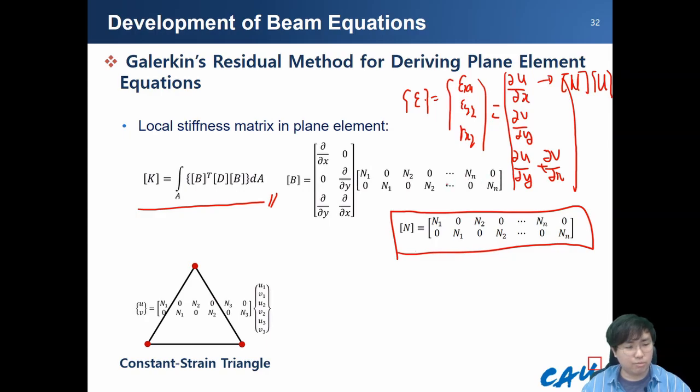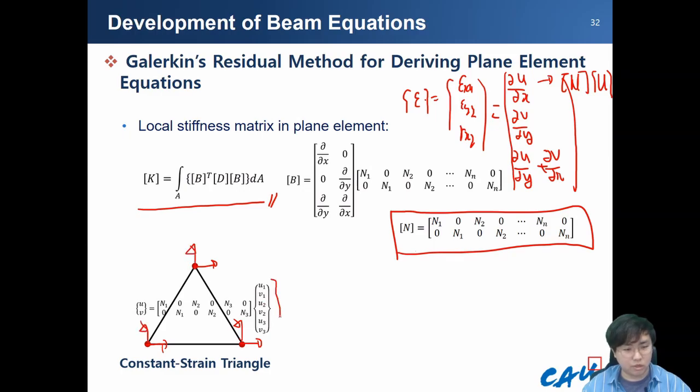Here we can say how many nodes are used to represent this local stiffness matrix in two-dimensional space. In two dimensions, when we use a triangle element, the number of degrees of freedom is 6. Each node has 2 degrees of freedom, so each displacement value has an element in each direction, for a total of 6 degrees of freedom.